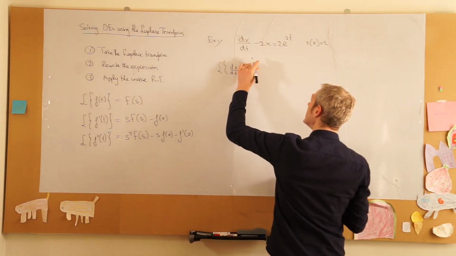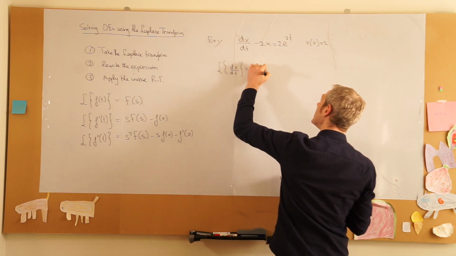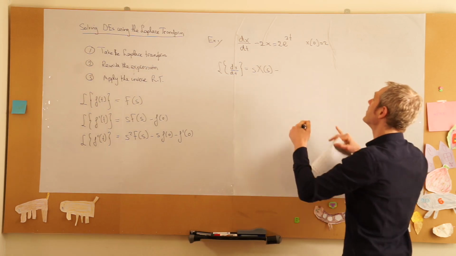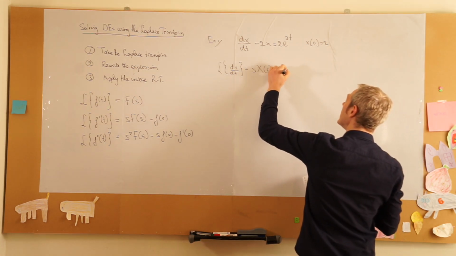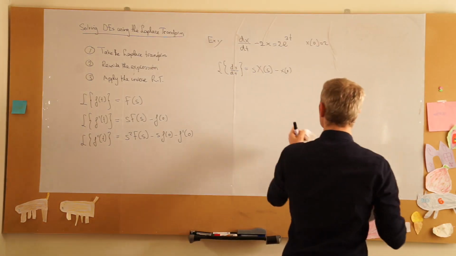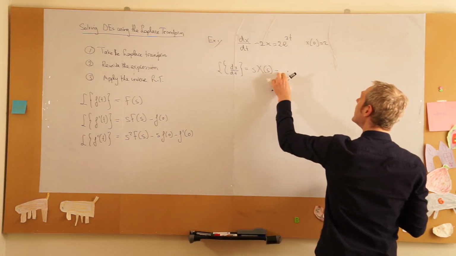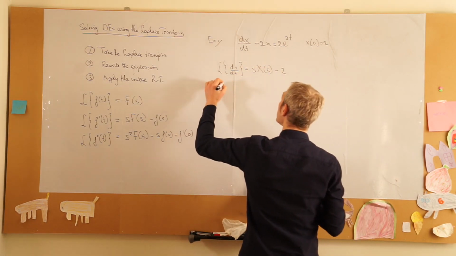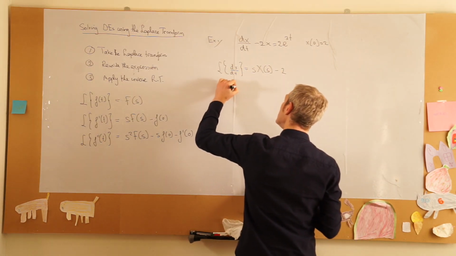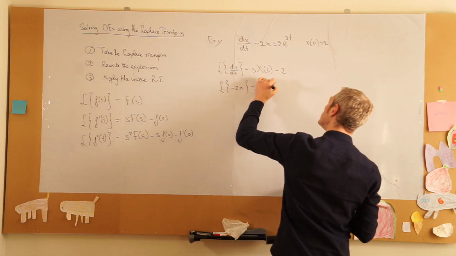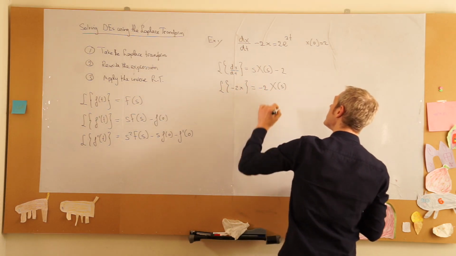This will be s X(s) minus x(0), but x(0) here is equal to 2, so we will simply replace this by 2. The Laplace transform of minus 2x is equal to minus 2 X(s).